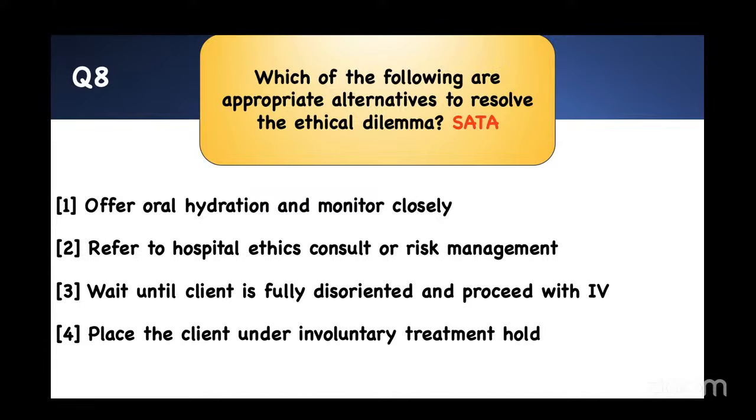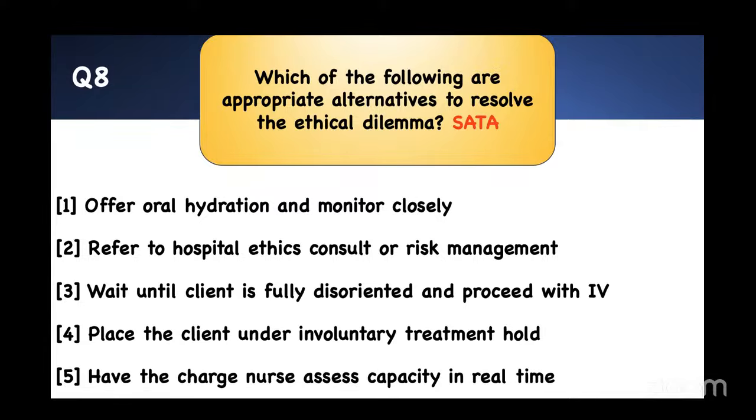So somebody with schizophrenia who is dehydrated, confused, or suicidal, you can admit them involuntarily without their will, but after that, they have autonomy. They can refuse care. This nurse is saying, well, admit them anyway under involuntary treatment hold. I don't know about that.